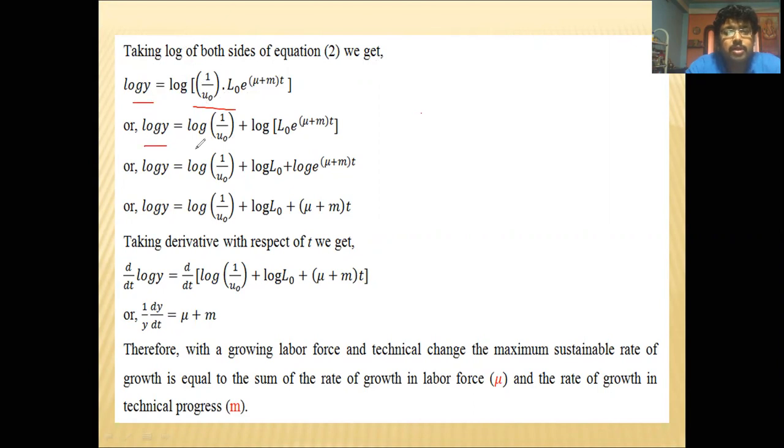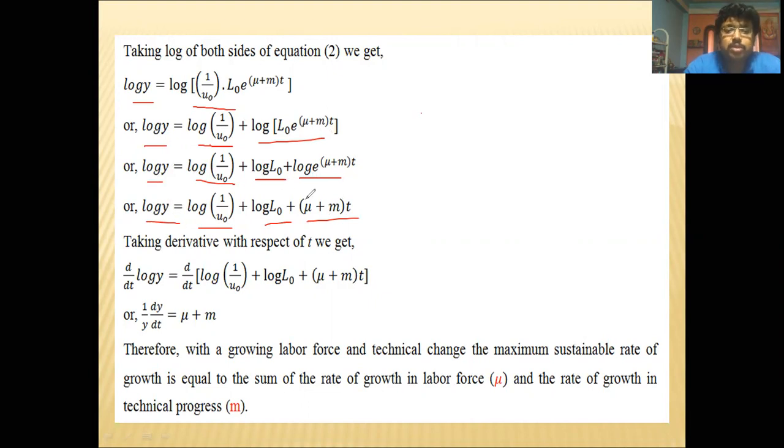Now this is log y, and this is also log 1 by u0 plus log L0 plus log e to the power mu plus m t. In the next step, log y equals log 1 by u0 plus log L0 plus mu plus m t.